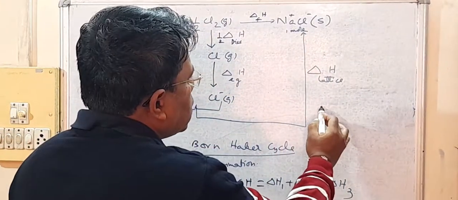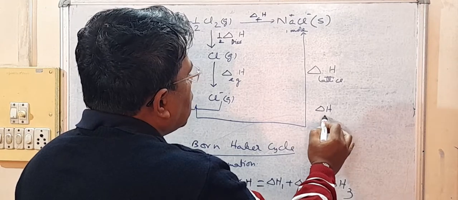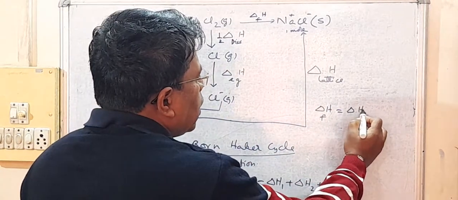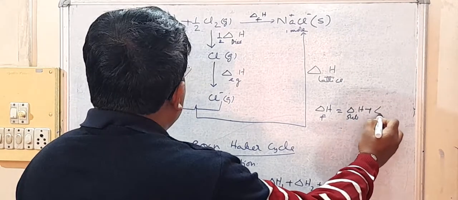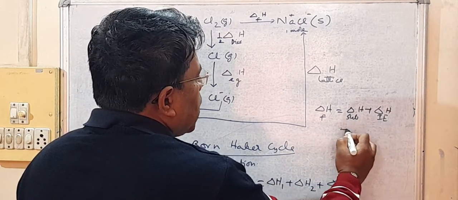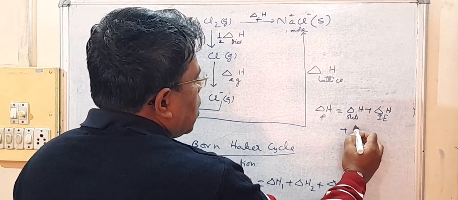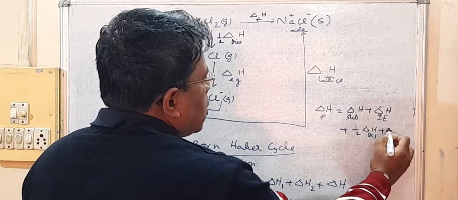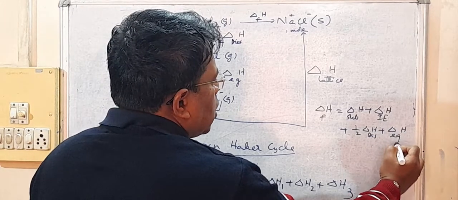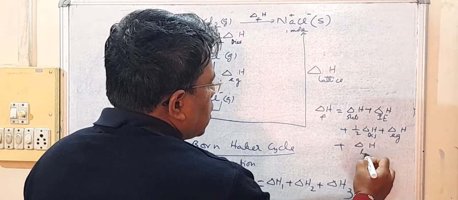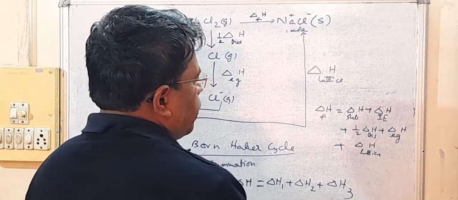So we can write delta H formation equals delta H sublimation plus delta H ionization enthalpy plus half delta H dissociation enthalpy plus delta H electron gain enthalpy plus delta H lattice enthalpy.